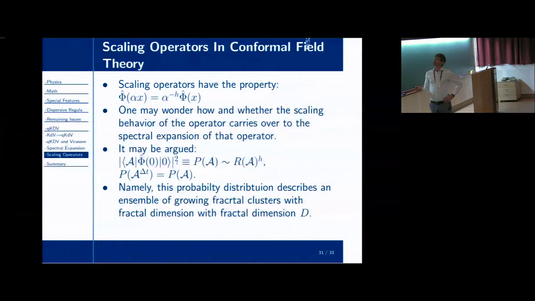And the fractal dimension D is simply this h. And depending on the conformal field theory which is appropriate to describe the problem, we get a discrete set of possible fractal dimensions. But all this is, of course, speculative.